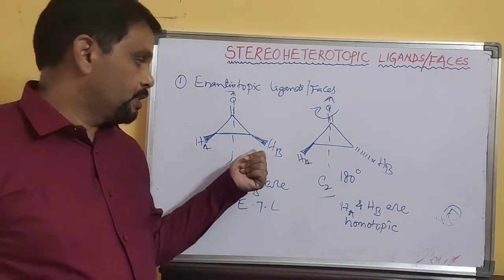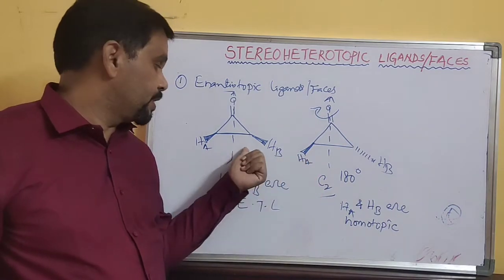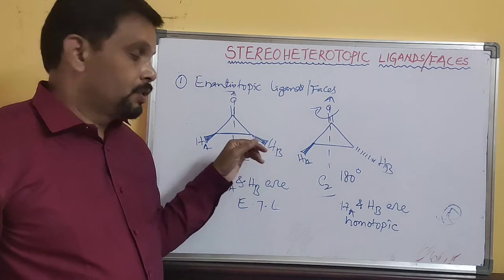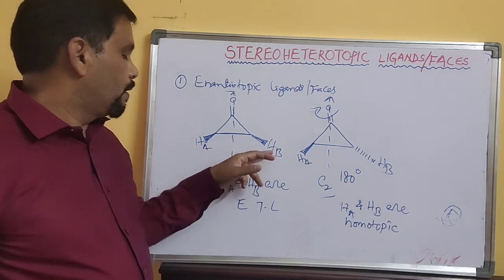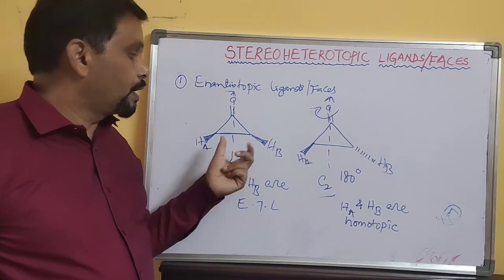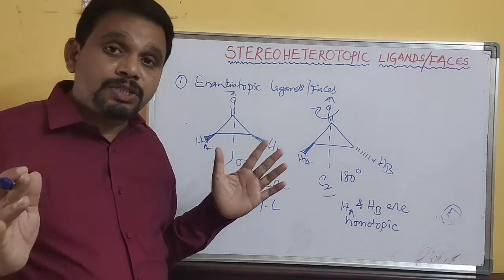But in this case, there is an absence of a Cn axis of symmetry, but a plane of symmetry is present in this molecule. Therefore, with this plane, these two atoms or ligands are exchangeable, or they are equal, they are interconvertible.